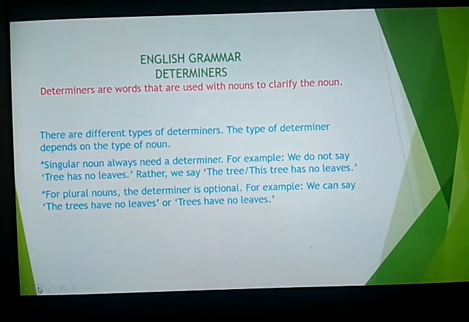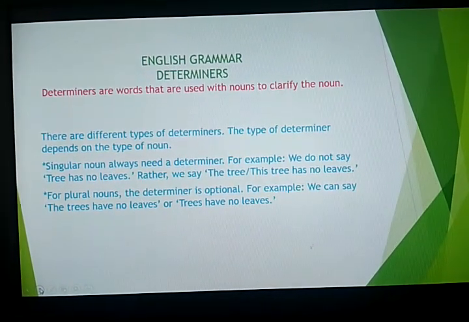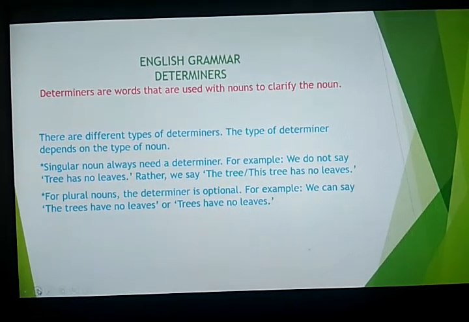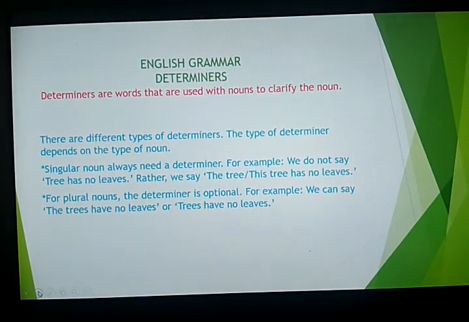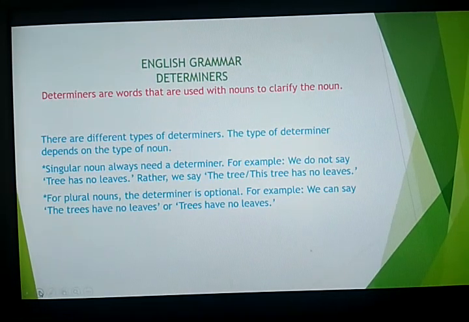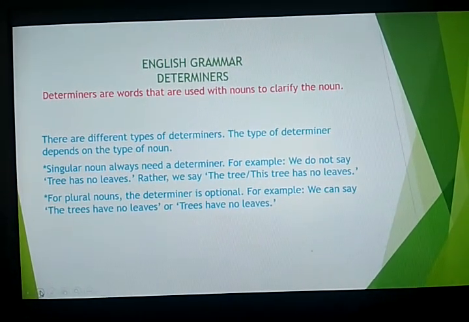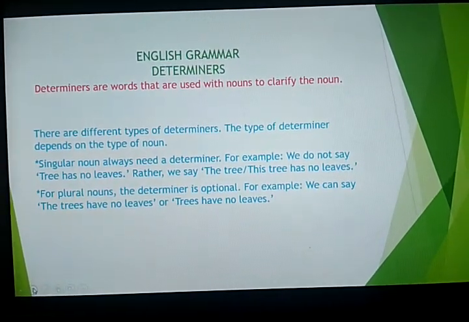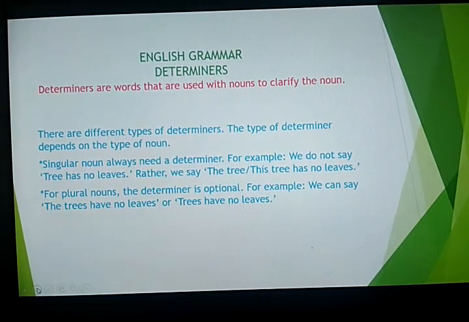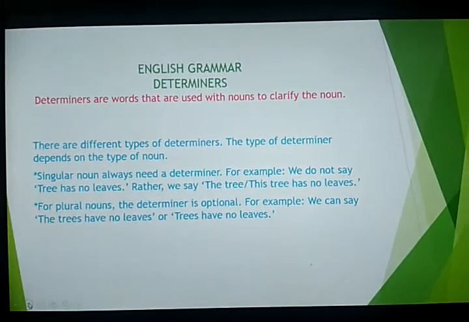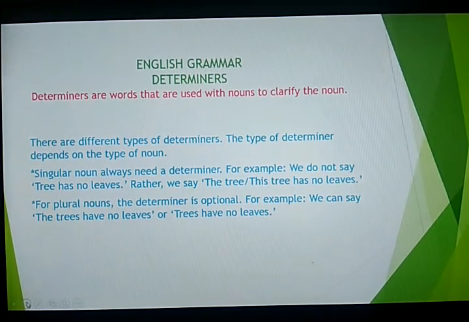The noun is trees. There is an S form, right? So this is a plural noun. In the first sentence, we have the determiner "the," and in the second sentence, "trees have no leaves," no determiner. So in this way, the determiner can be used.